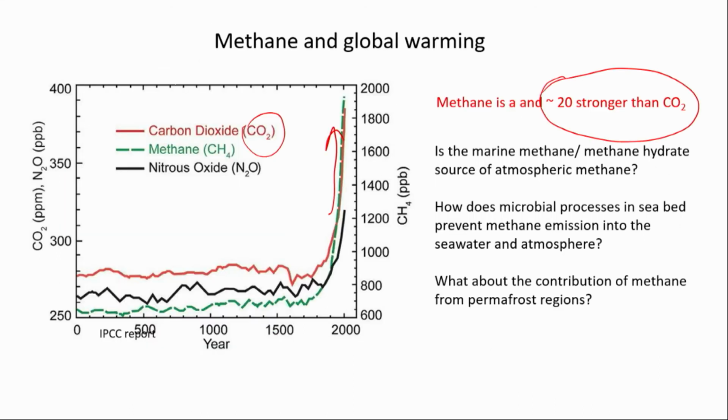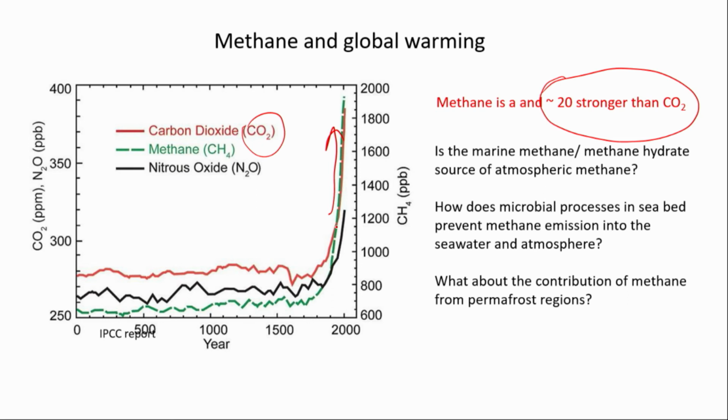This is the final slide of this particular module, where we can see that methane hydrate should also be studied from the global warming point of view. Why? Because methane is at least 20 times stronger a greenhouse gas than carbon dioxide. You can see how the carbon dioxide has increased through the industrial revolution, but you can also see how the methane concentration has increased, this particular green curve.